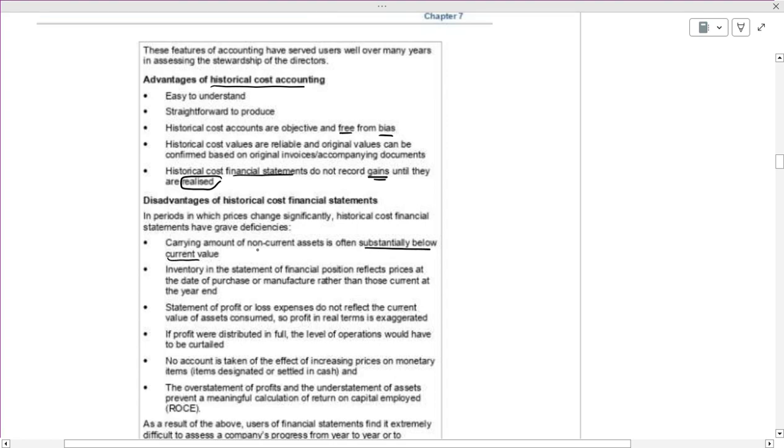What is the formula for carrying amount? How have we calculated carrying amount? Cost minus depreciation. Is it right? Cost minus depreciation.